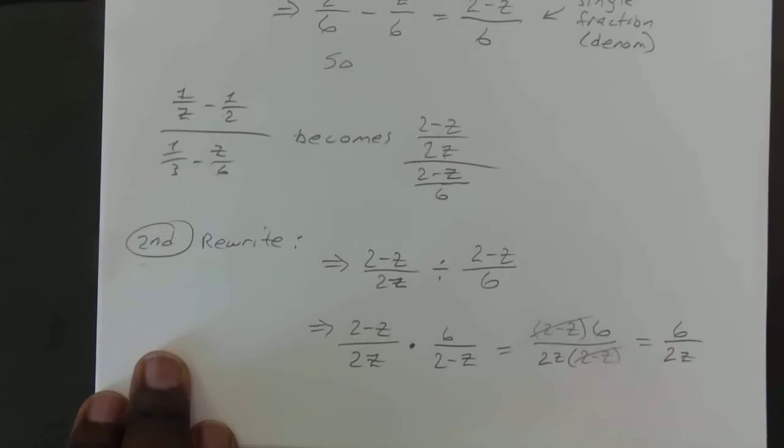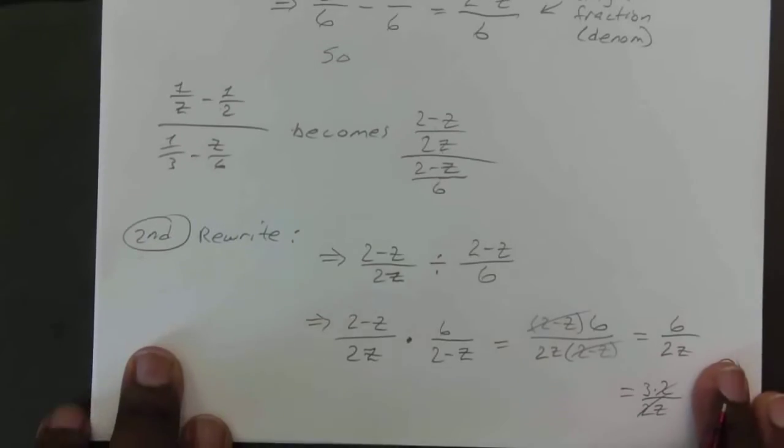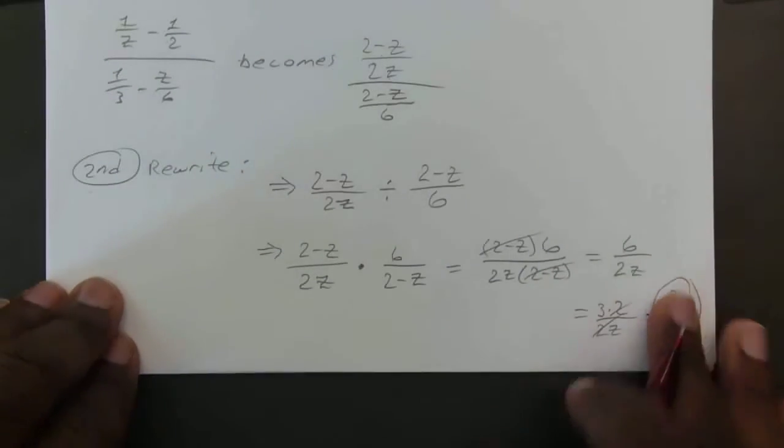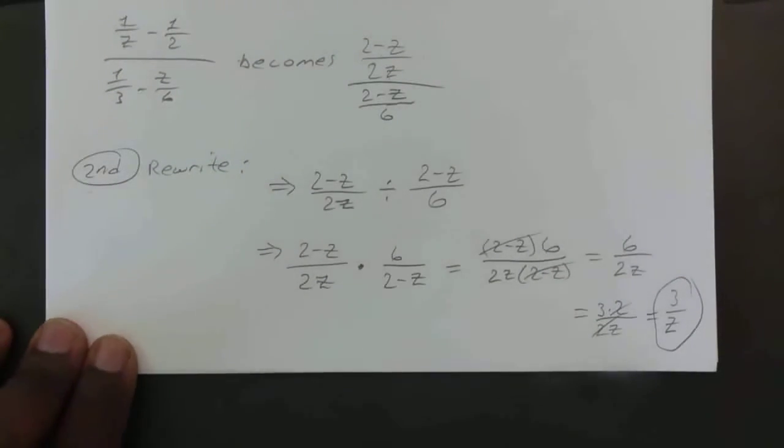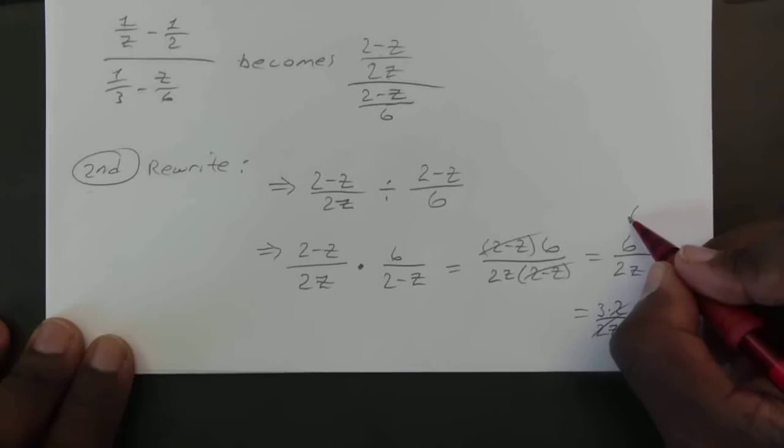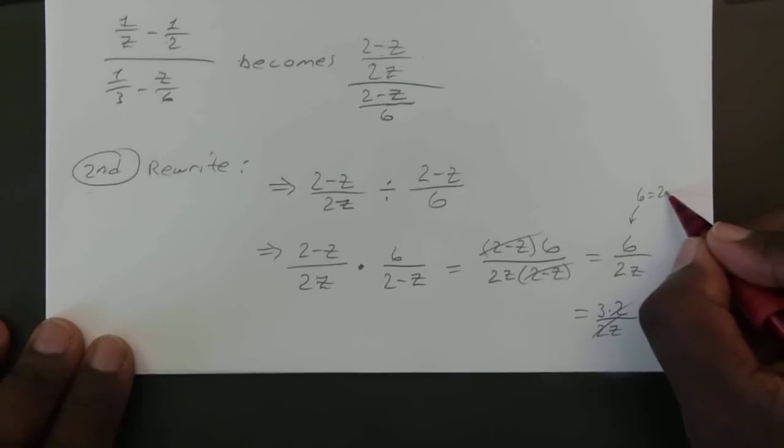We know that 6 is equal to 2 times 3. If you write that as 3 times 2 over 2z, the 2's cancel out, and you end up with 3 over z as your final answer.